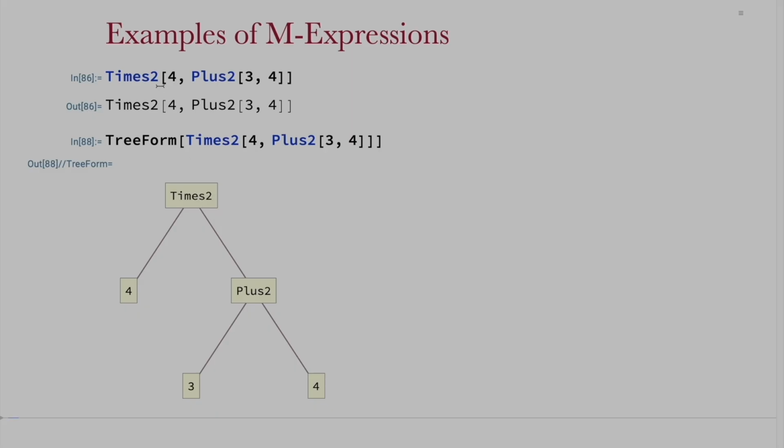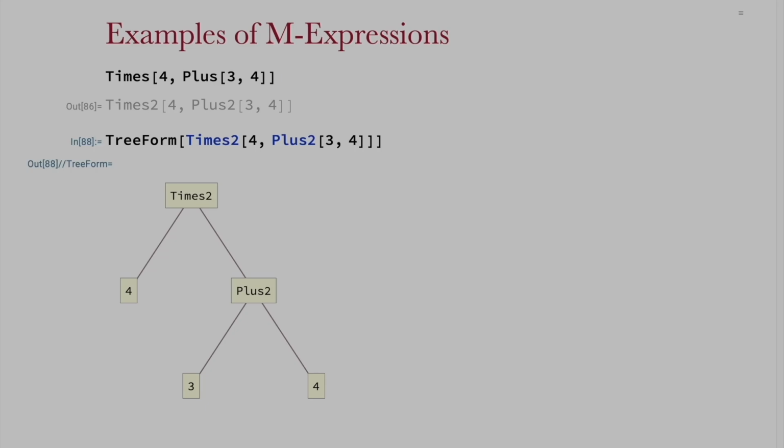Now what happens if I use symbols that are known to Mathematica? Instead of times 2, I plug in times. Instead of plus 2, I plug in plus. What will happen here is that Mathematica is going to recognize those heads, times and plus, in what is called its global rule base.